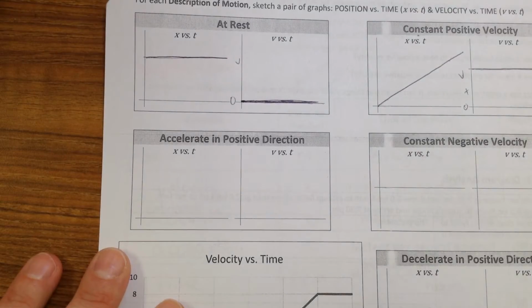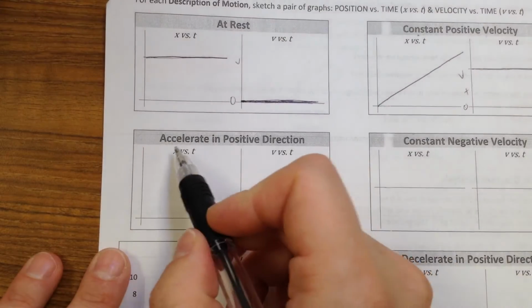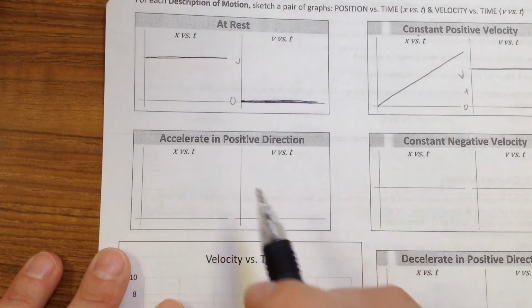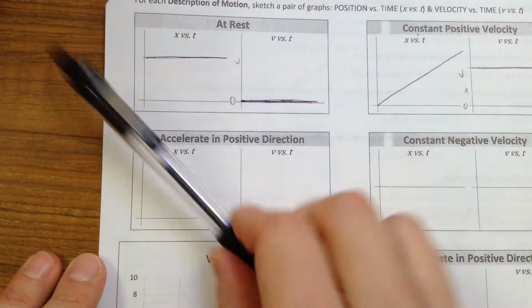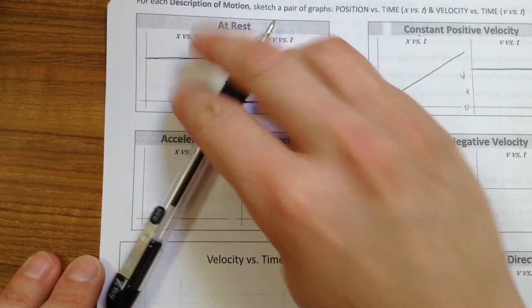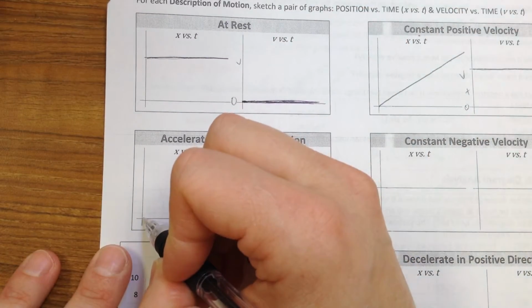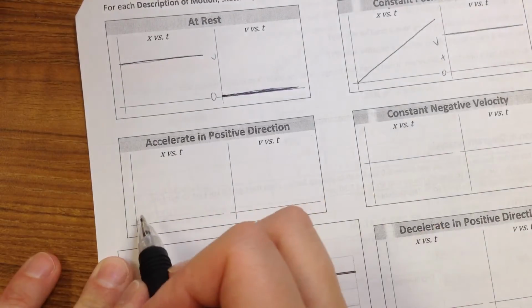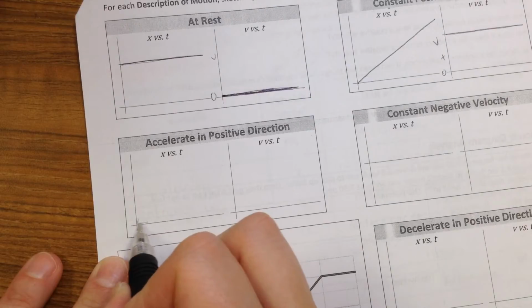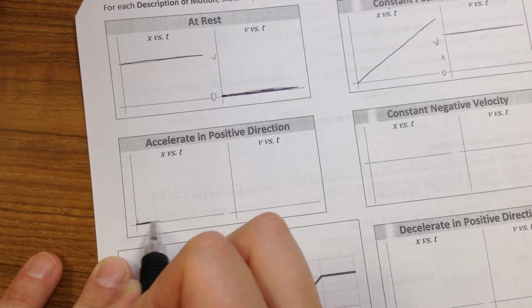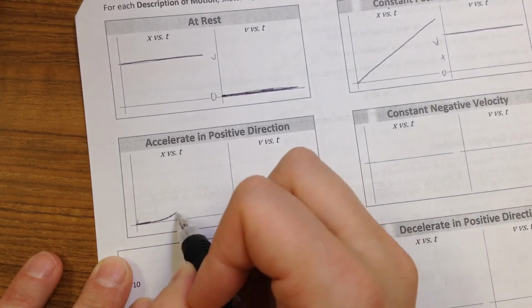Down here would be slow, medium, fast. Accelerating in the positive direction. In a position versus time graph, positive direction means it needs to have a positive slope. Not a negative slope, a positive slope. To get accelerating, we're going to start at rest, and we're going to speed up and go faster and faster.